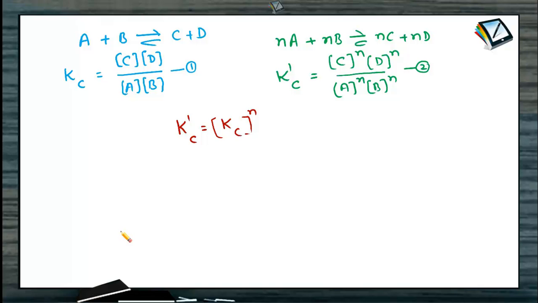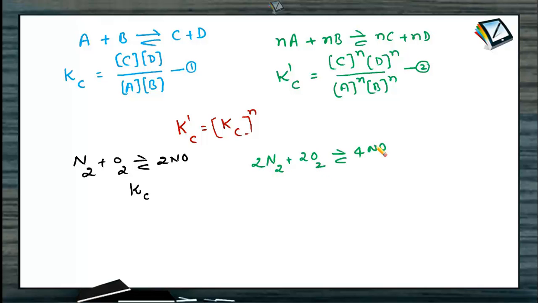Let us take an example. Nitrogen gas is reacting with oxygen gas to give nitric oxide, for which the equilibrium constant is, say, Kc. Now what is the equilibrium constant if the system is written as 2N2 reacting with 2O2 giving 4NO? If the equilibrium constant for this system is K'c, how is K'c related to Kc?